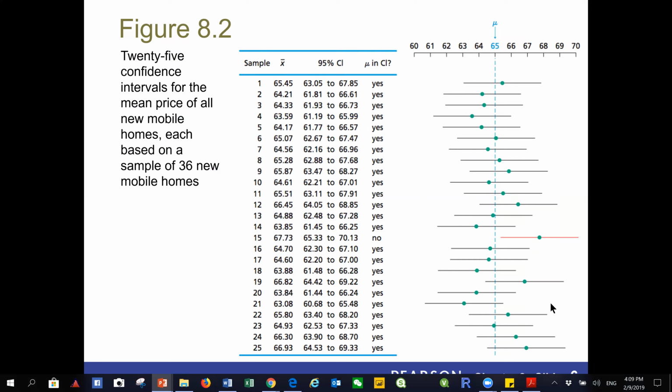That means out of 20 intervals that you draw from the population, you can construct 20 confidence intervals. Out of those 20 intervals, there's one that may miss the target, may not include the true population mean, which is what we are after. So that's what it means by 95% confidence interval.